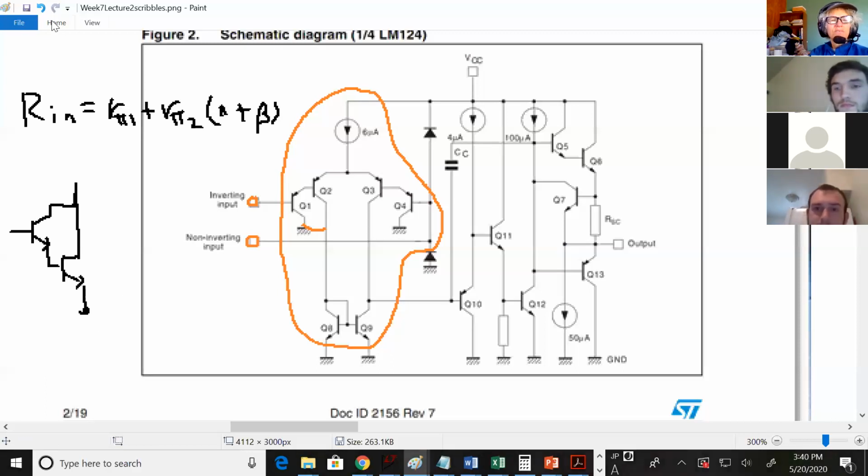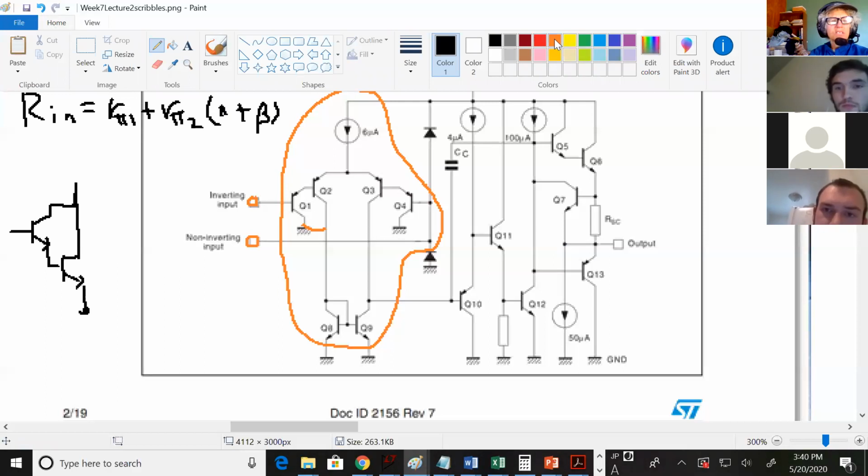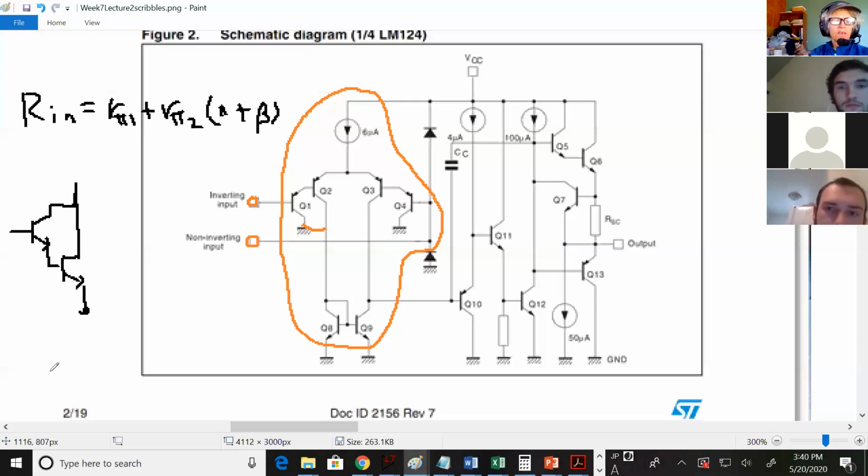For those of you that don't see that, if you had a transistor with a resistor below it, like RE, you'd know this equation, but instead of R pi, it would be RE times 1 plus beta.